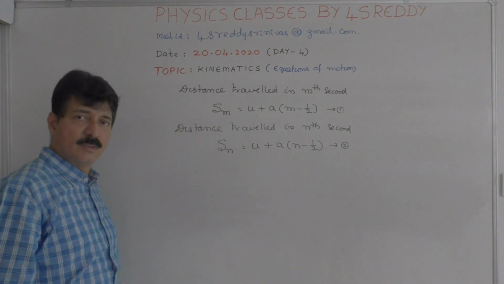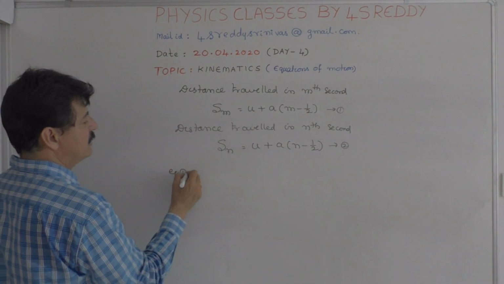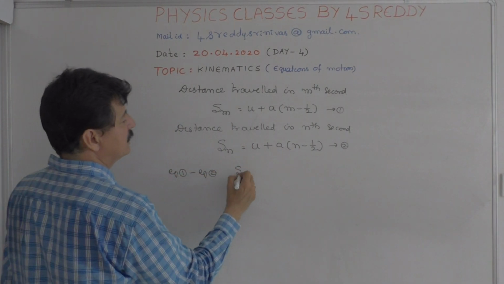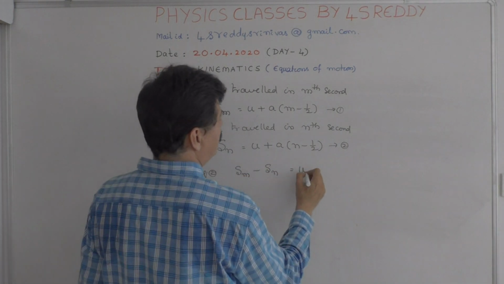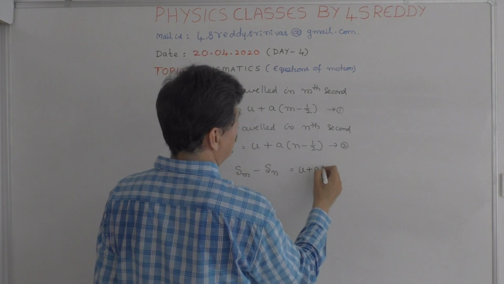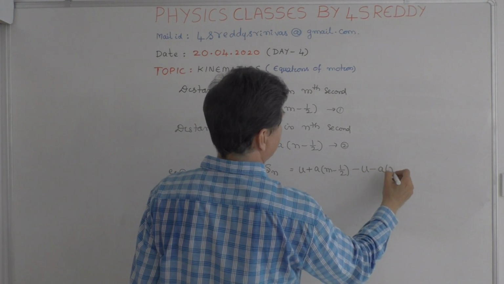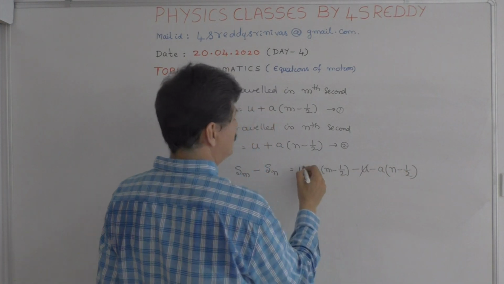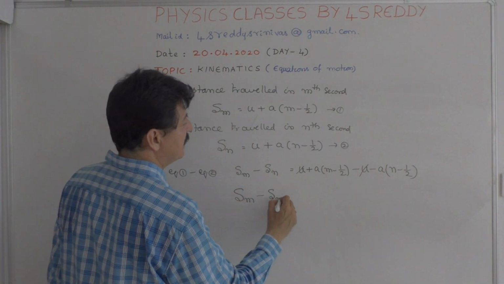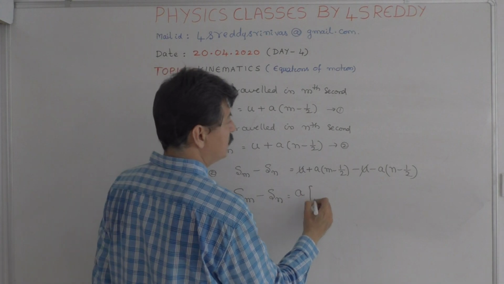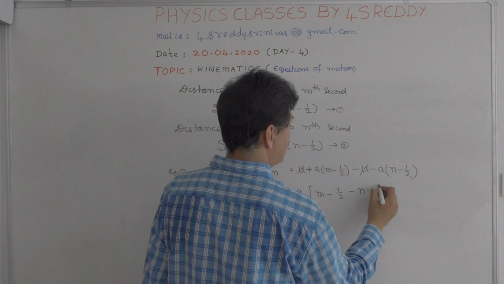Now, equation 1 minus equation 2. If you do it, that is Sm minus Sn, then u plus a into m minus half minus u minus a into n minus half. Very simple. These two get cancelled. Therefore, Sm minus Sn equals a into m minus half minus n plus half.